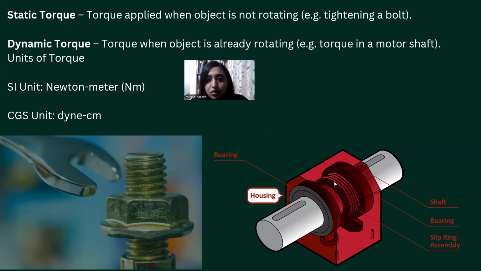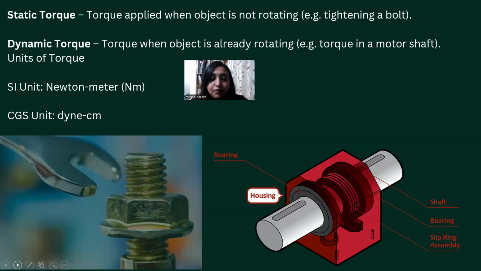Here is a motor shaft. Here are the bearing, shaft and slip ring assemblies. So when the object is already in motion, already rotating, when the motor is working, the torque induced is known as dynamic torque.